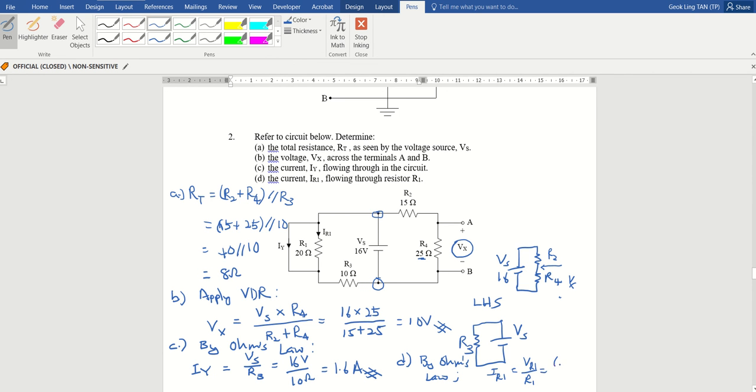Because VR1 is 0 volt and R1 is 20 ohm, the current is 0 amp. By inspection, you should know that IR1 is 0 because there's no current flowing through R1 anymore, because of the short circuit here. Okay, so that's A to D. Check your answers.